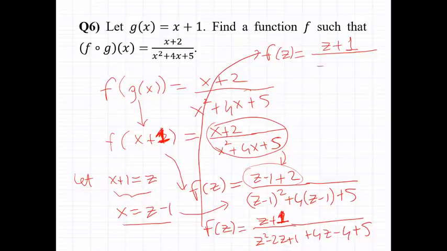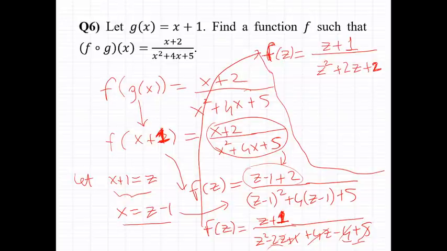z squared, and minus 2z and 4z makes plus 2z. And 1 plus 1, and here this one will make plus 2. So we end up with this. Don't pay attention to this z here. It's just the rule that for a function, you should be able to write the rule, and even if you might use x, you might use z, that's no problem.